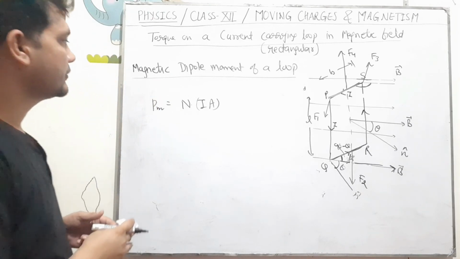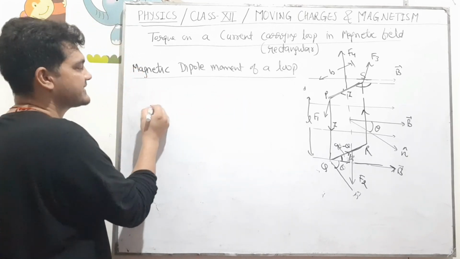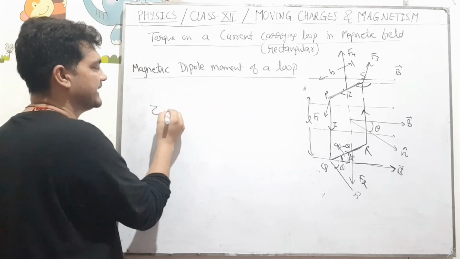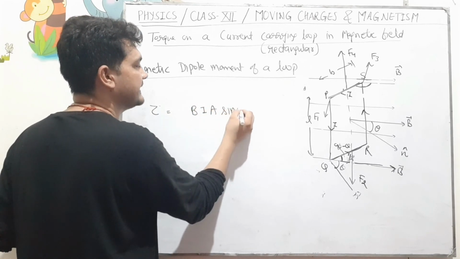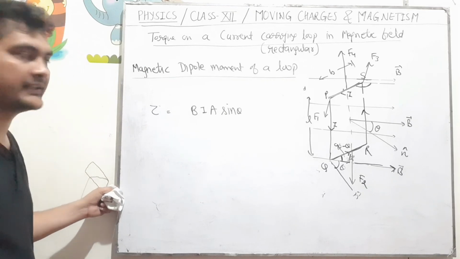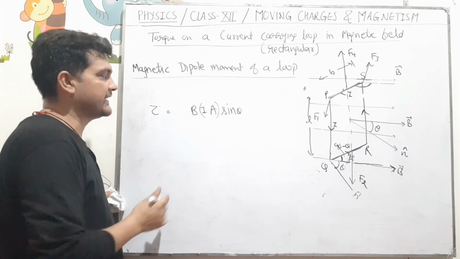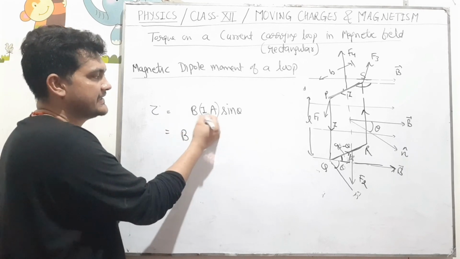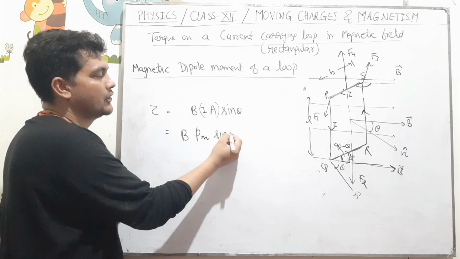Okay. So why did we study this topic here? Because we have seen in the expression of torque that it is BIA sin theta. So we can write this I into A as the magnetic dipole moment of the loop.